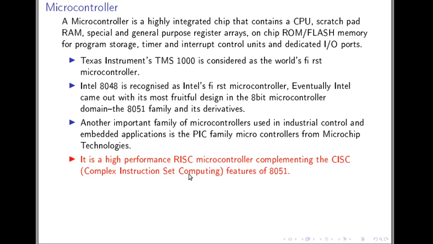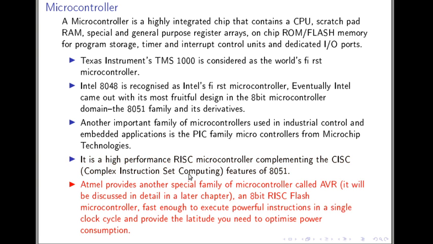RISC is reduced instruction set computing, while CISC stands for complex instruction set computing. In RISC we have a smaller number of assembly opcodes, while in CISC we have a large number. Another popular microcontroller family is AVR from Atmel.